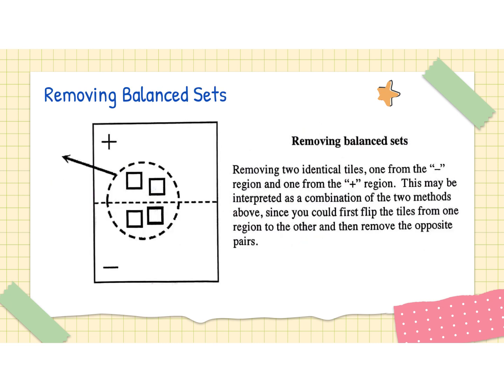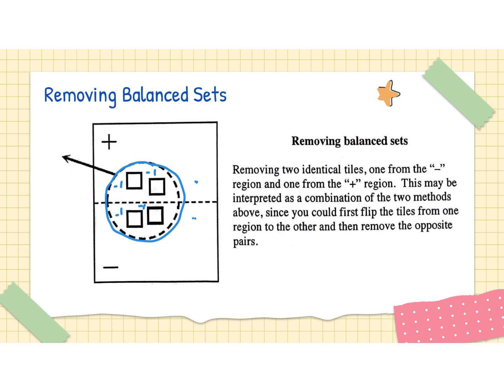The last piece that we did not talk about last week was the idea of removing a balanced set. So what is a balanced set? A balanced set would exist when there are tiles like these 2, -1, -1, and -1, -1, that live in opposite regions of our mat.